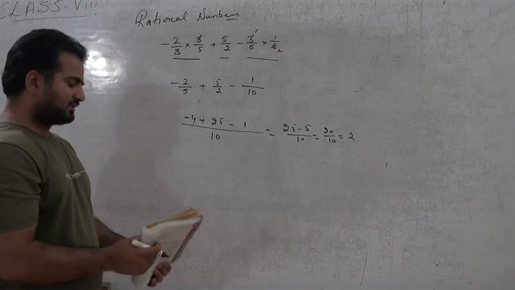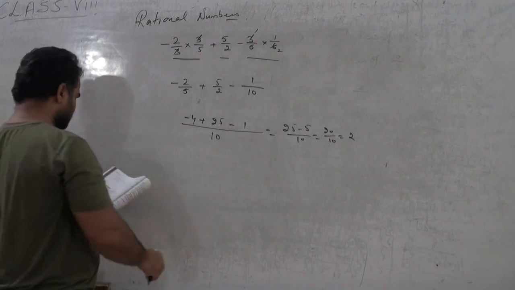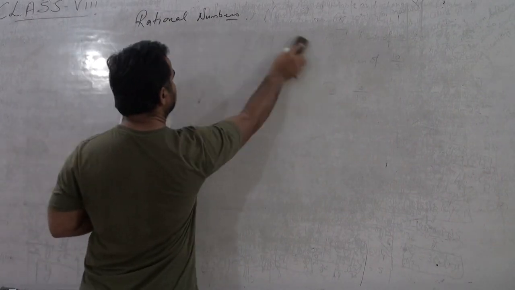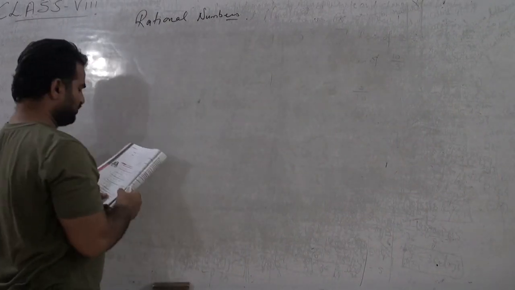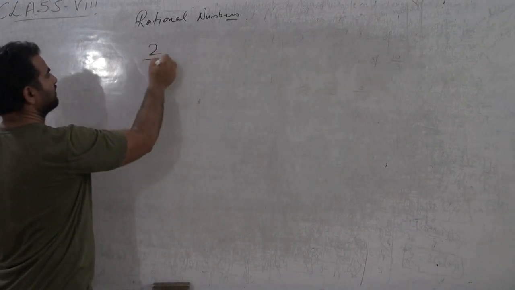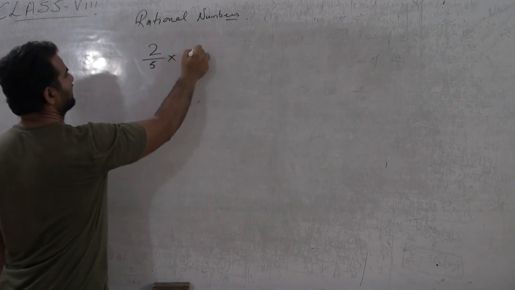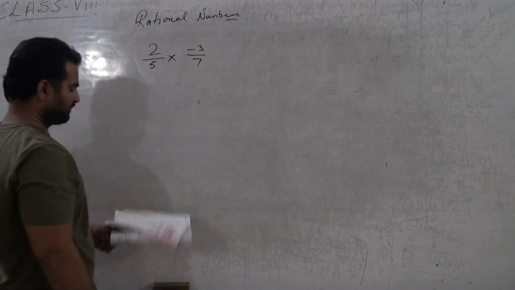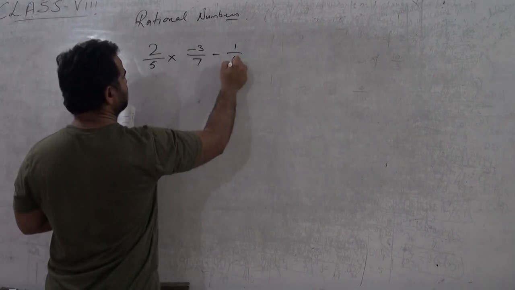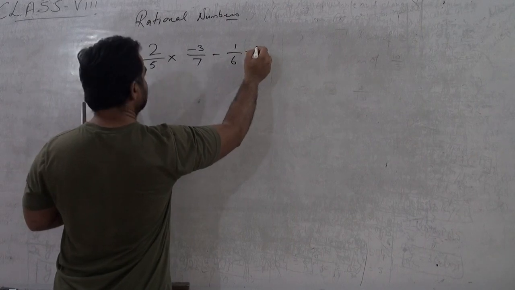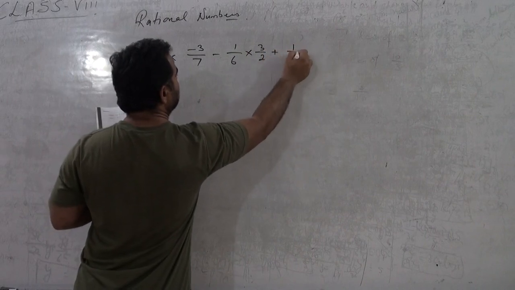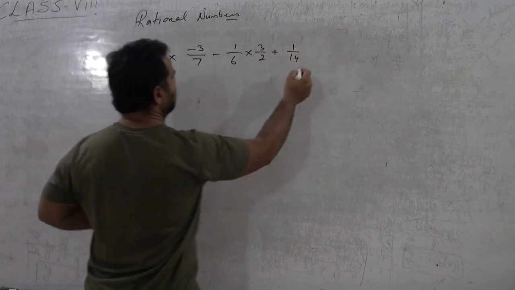Okay. Next is 2 by 5 multiplied by minus 3 by 7, minus 1 upon 6 multiplied by 3 by 2, plus 1 by 14 multiplied by 2 by 5.